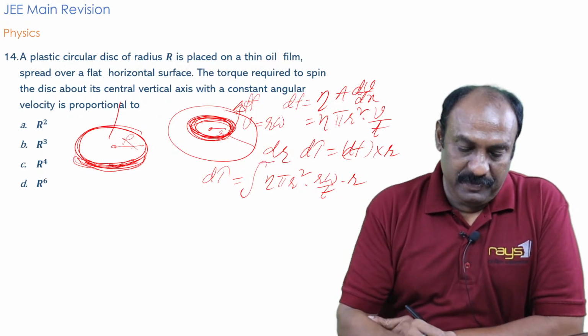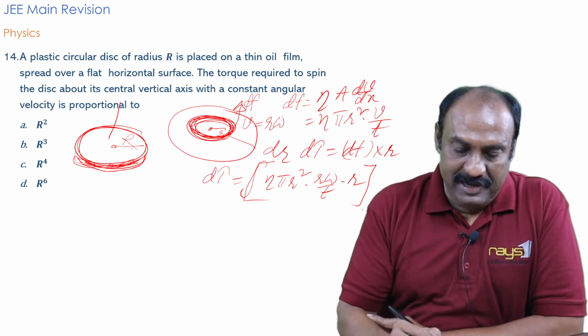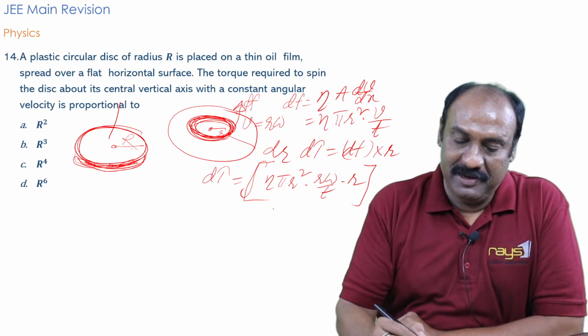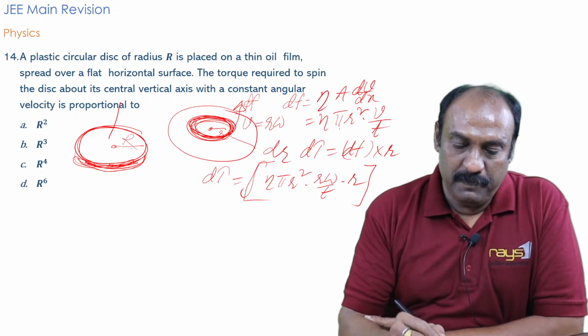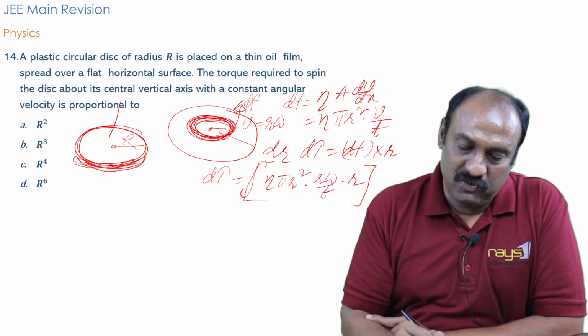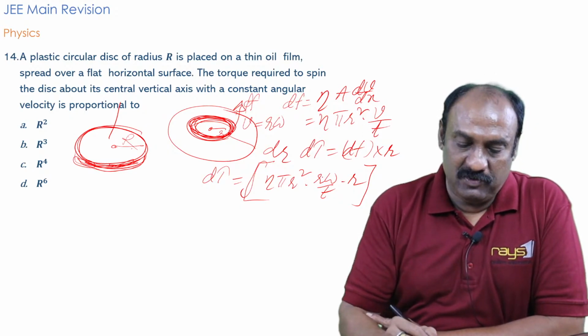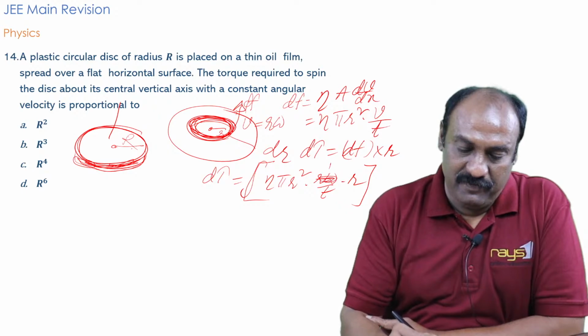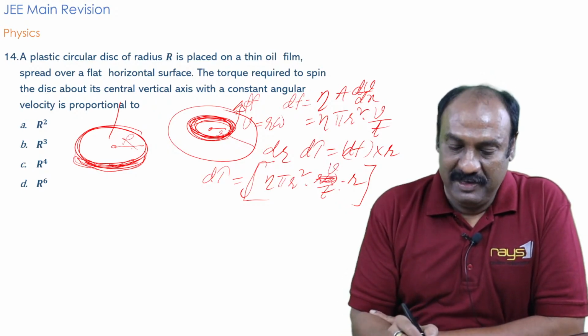So, this is the elementary torque, within the radius 0 to r. But is this V constant or variable? It is also variable. So pi r squared into r, the perpendicular distance. Here I considered V as it is, and V is constant from the upper surface to the bottom surface.